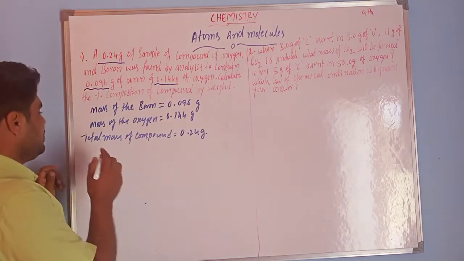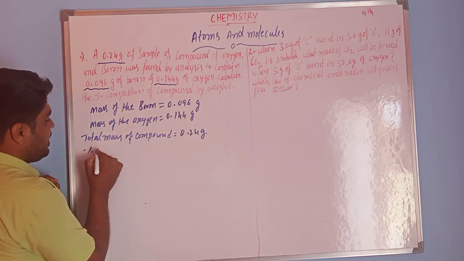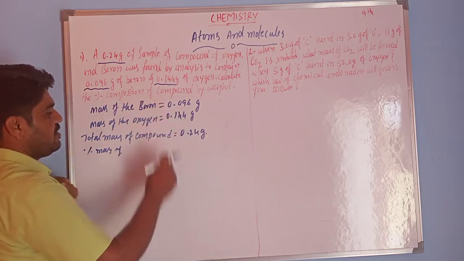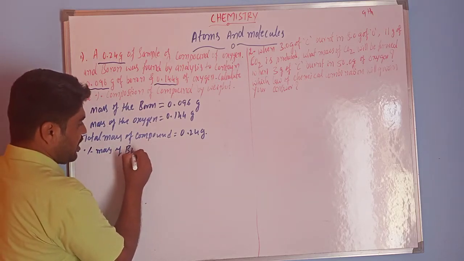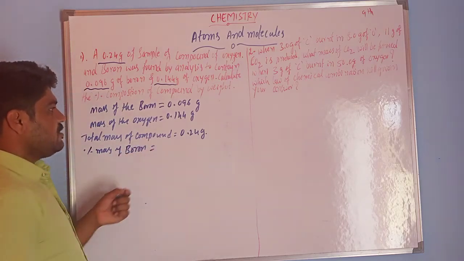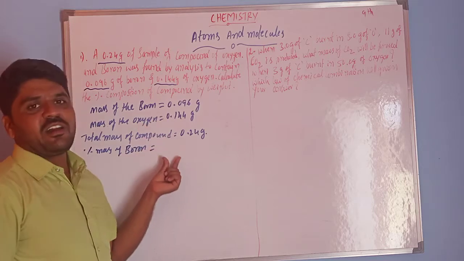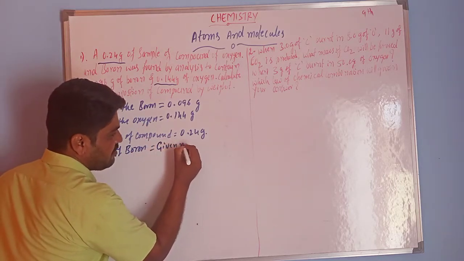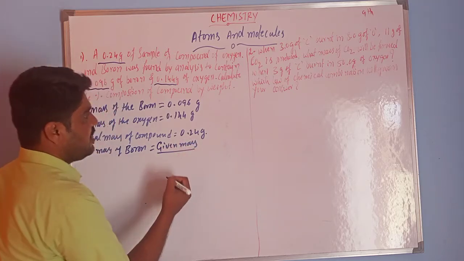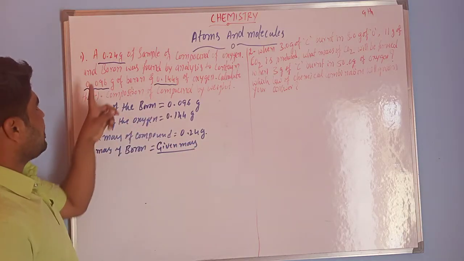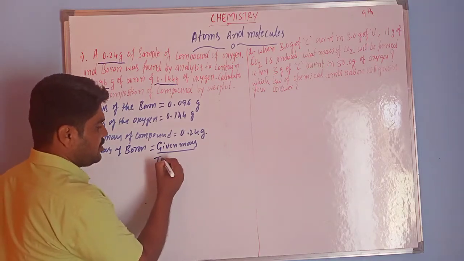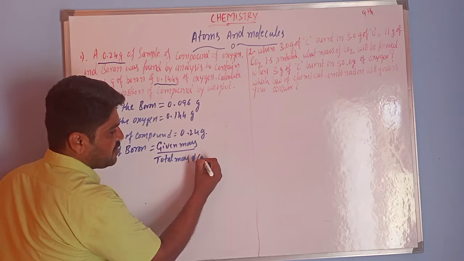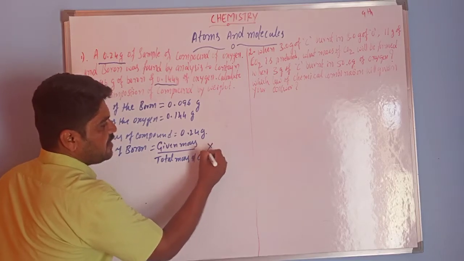First I am going to calculate the percentage by mass of boron. So we have to take a formula: given mass by total mass of the compound, into 100.